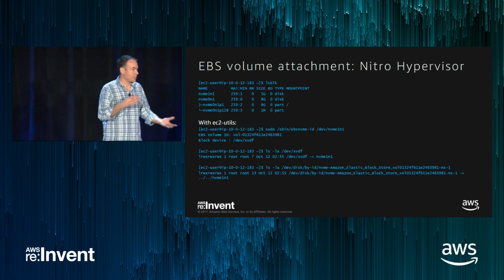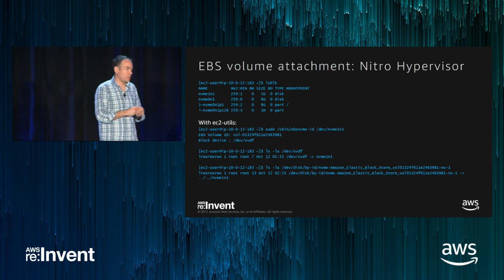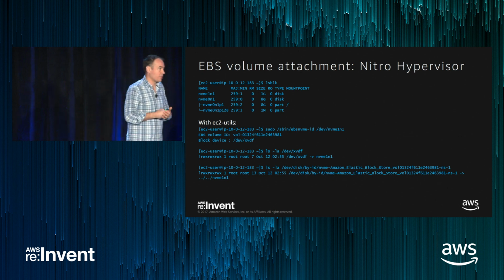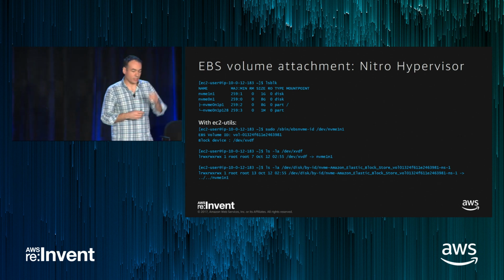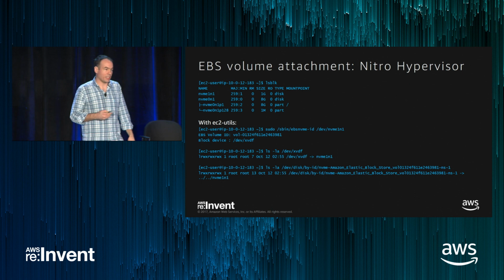So we'll extract that for you so you don't have to read the hex and all that. We also added some udev rules so that when you attach a volume to a kernel that has this utils package installed, and you can get it on the most recent Amazon Linux AMI, or you can just update an existing AMI with the new ec2-utils, that udev rule will create the symlink that you're used to. So your mount point will show up as /dev/xvdf.